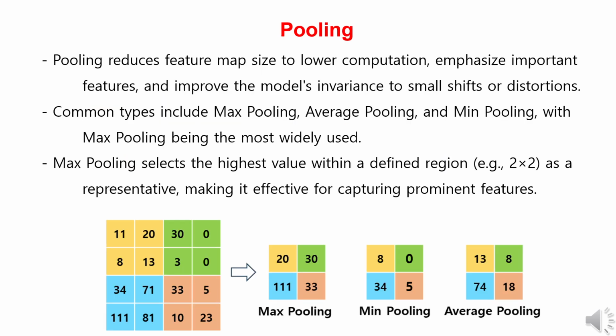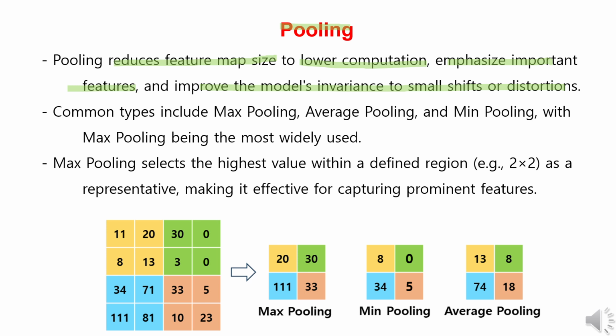Now let's take a look at pooling, which plays a very important role in CNN. Pooling is an operation used to reduce the size of the feature map, and it serves several key purposes. It reduces the amount of computation, making the model more efficient. It helps to highlight the most important features, and it provides the model with robustness to changes in position, such as shifts or distortions in the image.